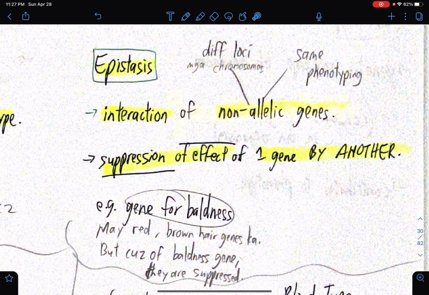Epistasis is the suppression of the effect of one gene by another. One example is the gene for baldness. Let's say that you have red and brown hair genes, but because of the baldness gene, these red and brown hair genes are suppressed just because you have baldness. Baldness runs in the family. So something like that.